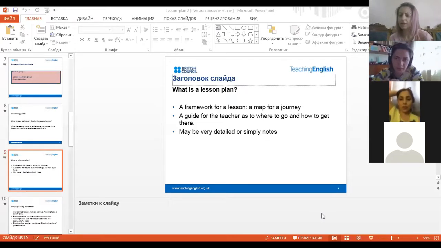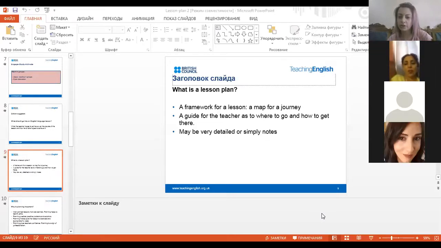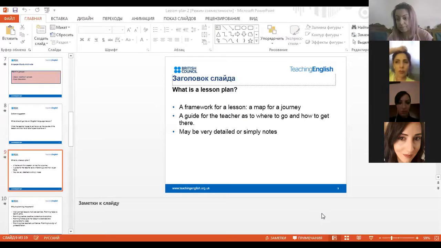Yes, it's a guide for the teacher as to where to go and how to go there, and maybe very detailed. So it can be just simply notes, which I do, or it can be very detailed lesson planning, yes?